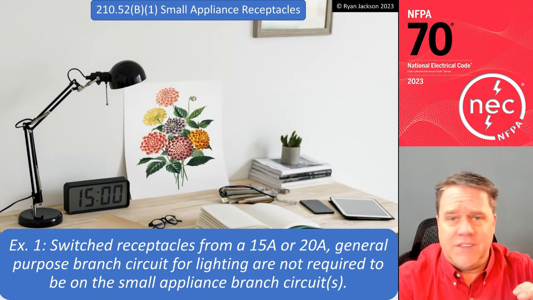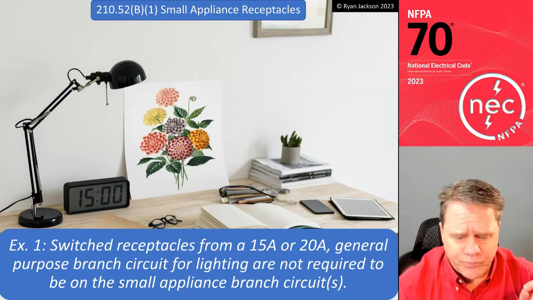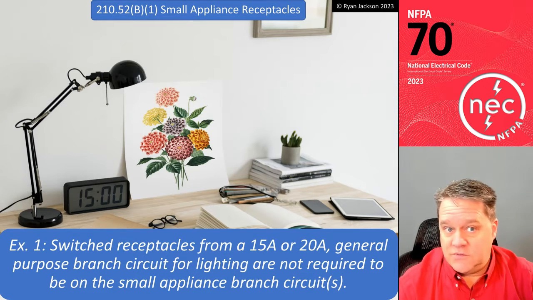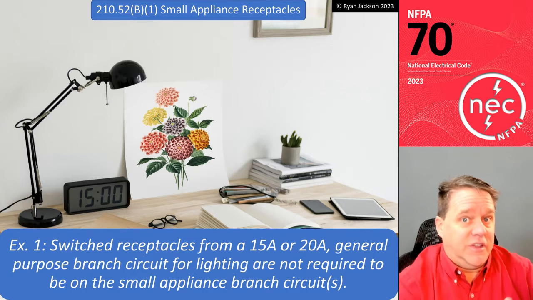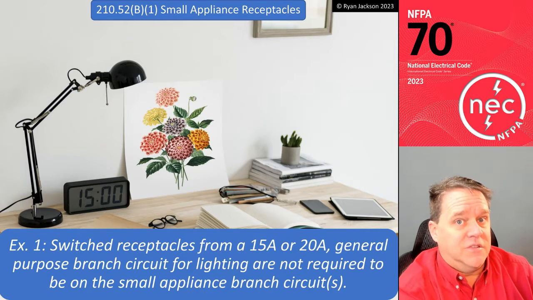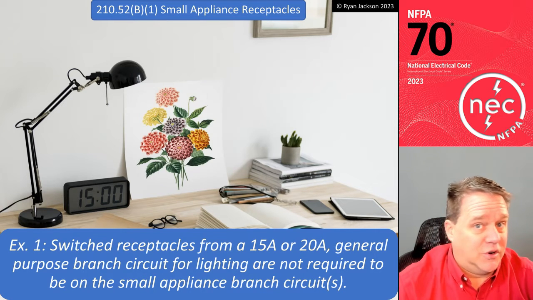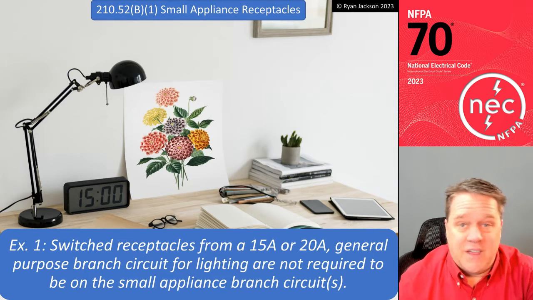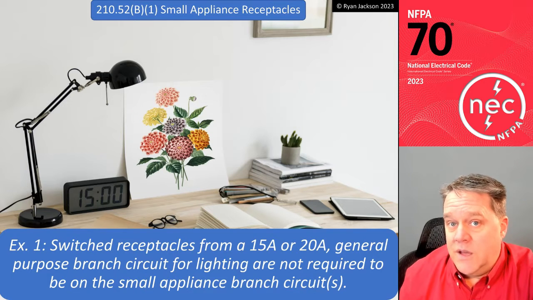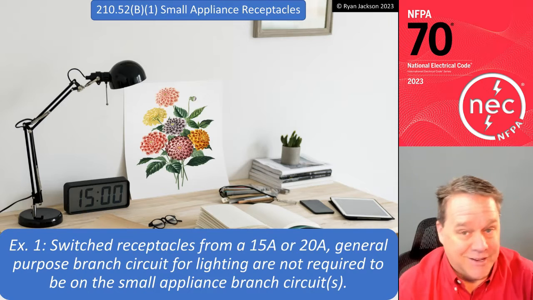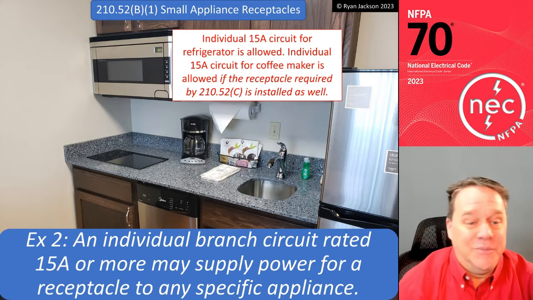You're going to cut the tab and switch one half or the other. So that means that the non-switched half is still a receptacle, and it still needs to be on the small appliance branch circuit. So if you're switching both halves of a 20 amp circuit for lighting and you put it in the dining room, then I guess that receptacle doesn't need to be on the 20 amp small appliance branch circuit. But I don't know, man. It doesn't seem like something that's very practical to me.